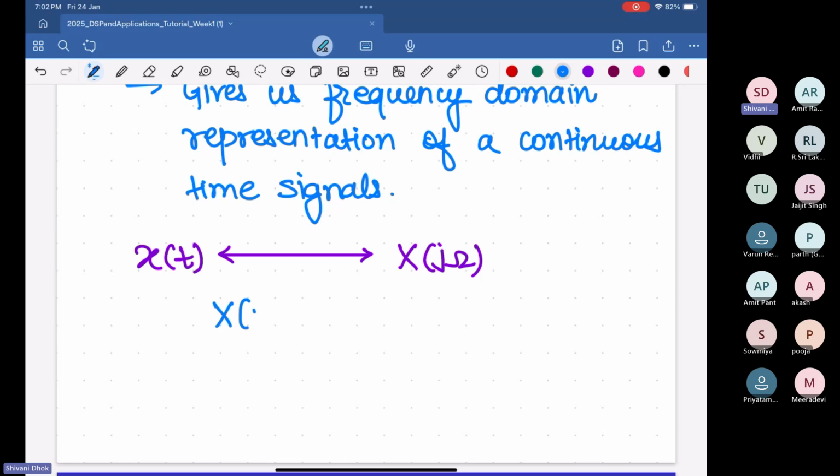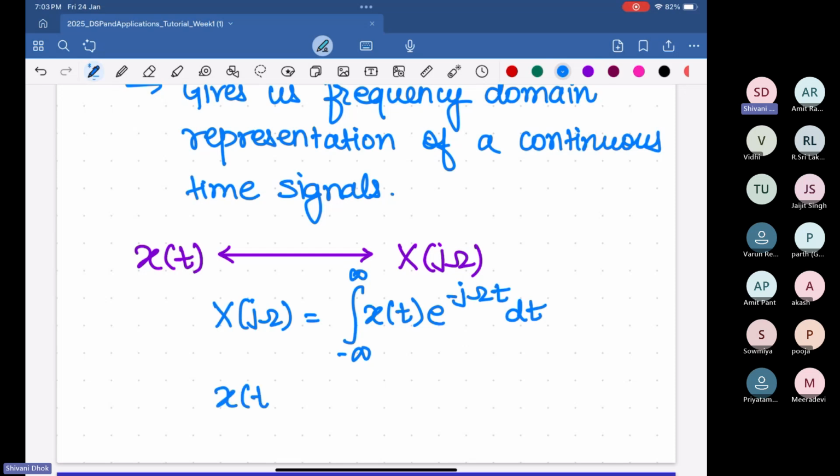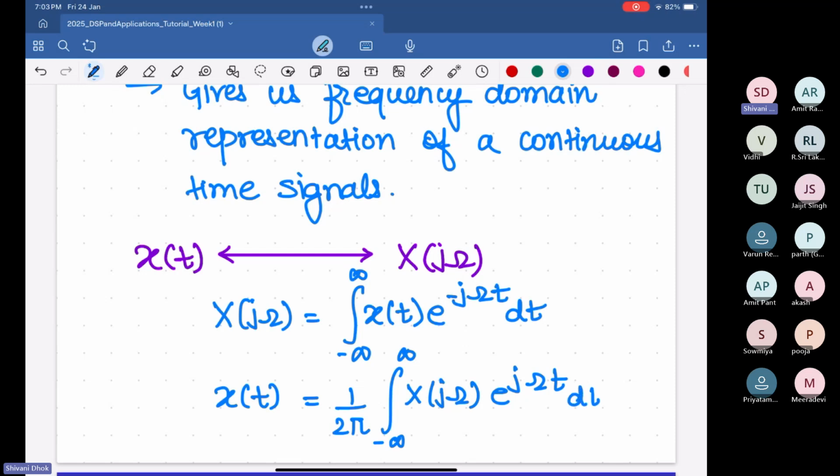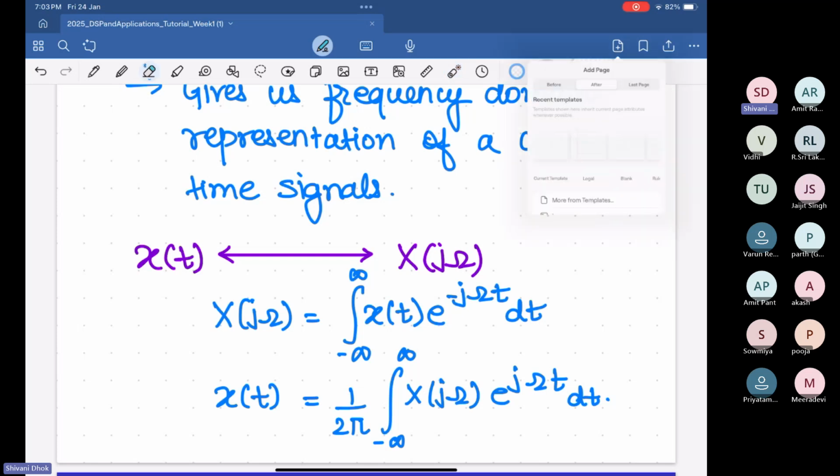So x of j omega is given by the integral from minus infinity to infinity of x of t times e power minus j omega t dt. And x of t can be reconstructed using 1 over 2 pi times the integral from minus infinity to infinity of x of j omega times e power j omega t d omega. These are the analysis and synthesis equations for the continuous time Fourier transform.